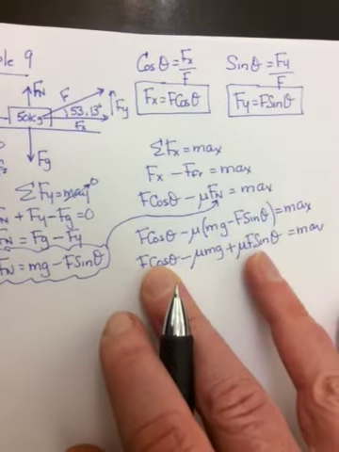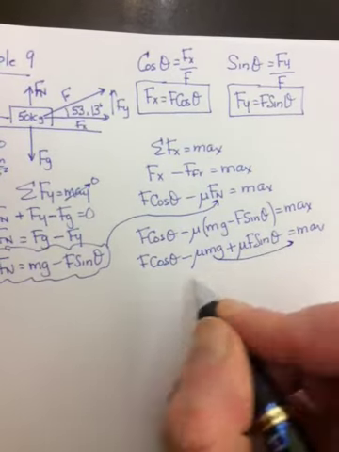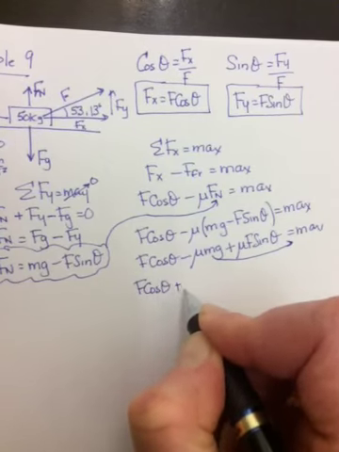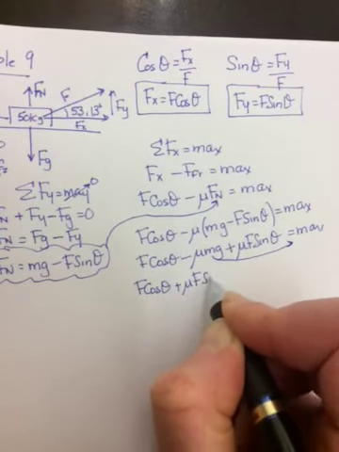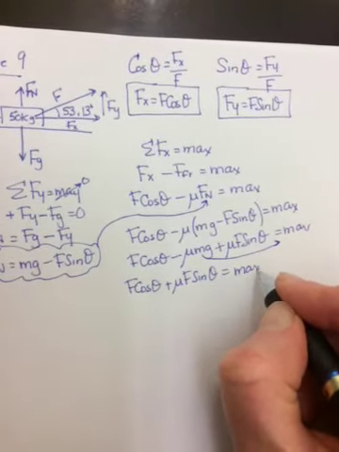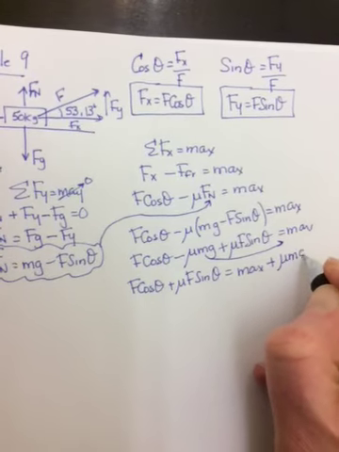Keep the two terms with F on this side, take the term without F to the other side. So it'll be F cos theta plus mu F sine theta will equal max, and when I bring this over it becomes plus mu mg.